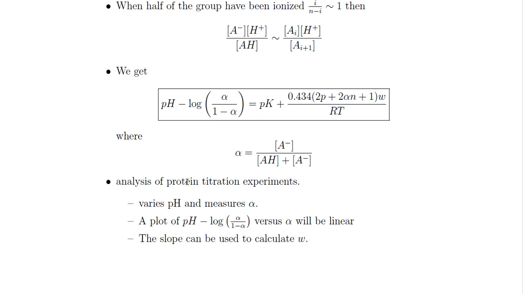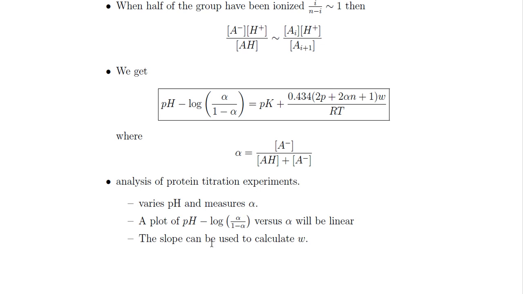From this protein titration experiment, we can vary the pH and measure alpha. So a plot of pH minus log alpha over 1 minus alpha versus alpha will give us a linear slope.